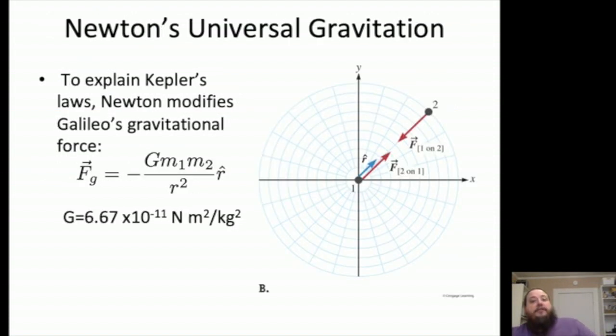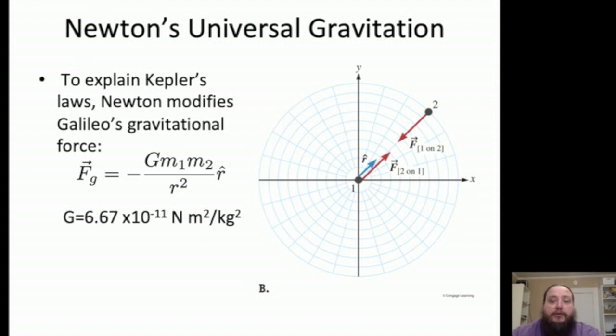But it turns out that to explain things like the motion of the moon and the motion of the planets around the sun, Newton, in thinking about Galileo's version of the gravitational force, realized that he had to make a modification to Galileo's force law when there was a large amount of distance between the gravitating objects.